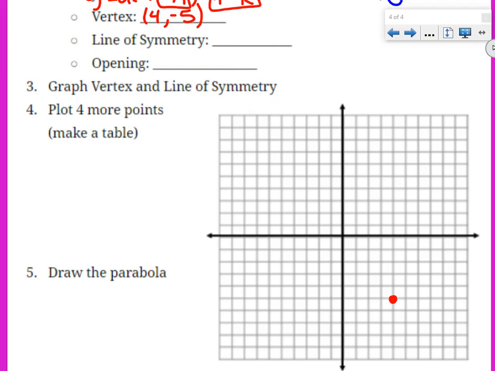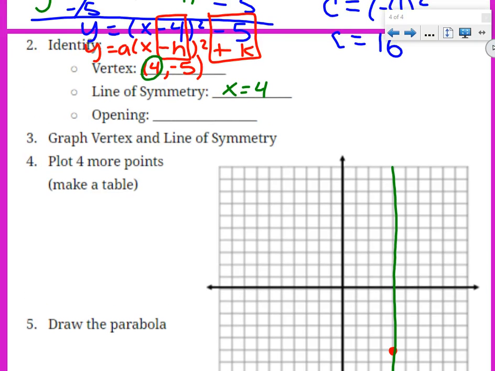Then our line of symmetry is just that x piece, so it's going to be x equals 4, and we're going to draw a line through that vertex. Our opening is that a value, remember? So if we look, we don't have an a, which means it's really 1, which is positive, so it's going to open up.